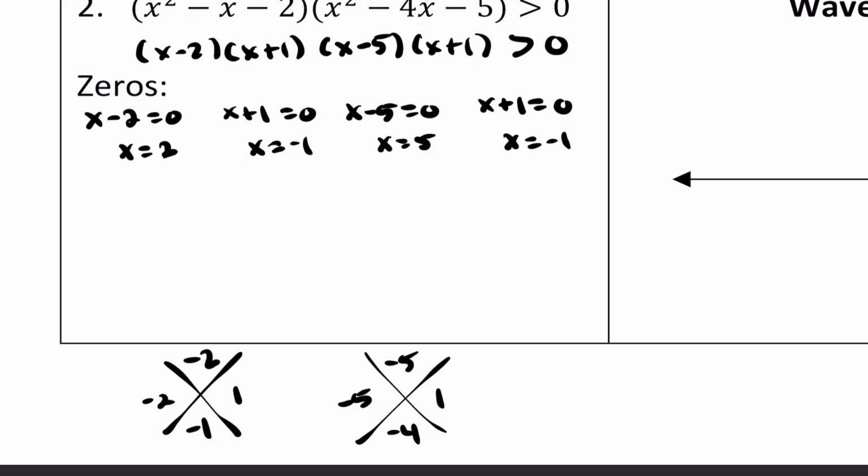So we have our single root at x equals 2, single root at x equals 5, and then here we have x equals -1 twice, so that is our double root, okay? So x equals -1 is a double root.